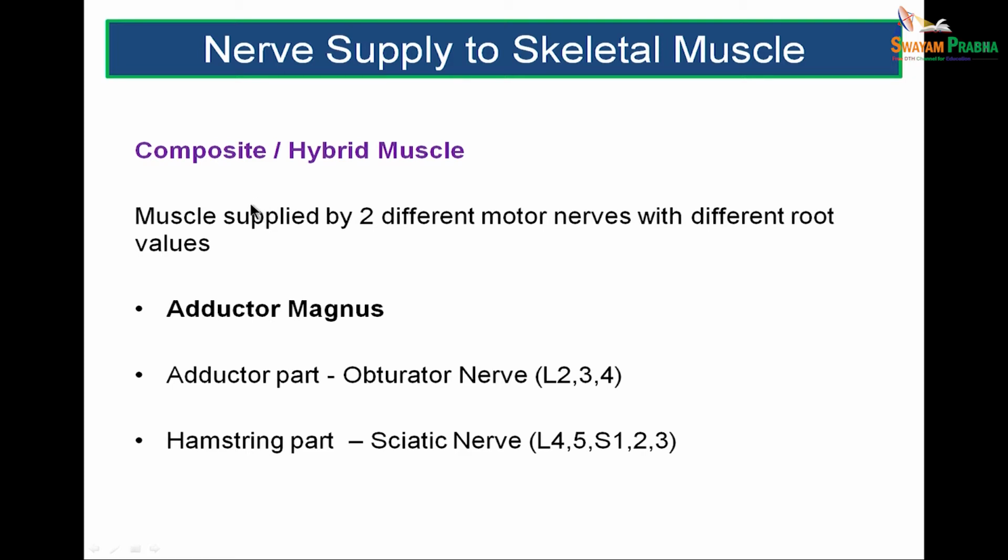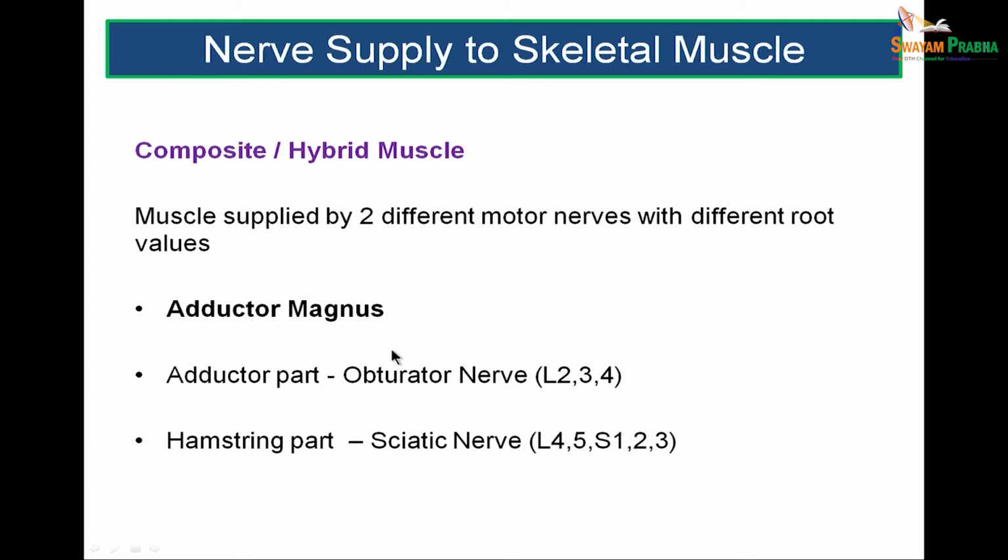Now, a composite or hybrid muscle has nerve supply from two different motor nerves with different root values. For example, the adductor magnus of the medial compartment of thigh has an adductor part, which is supplied by the obturator nerve, having a root value of L2, L3 and L4, whereas the hamstring part of adductor magnus is supplied by the sciatic nerve, having a different root value L4, L5, S1, S2 and S3.